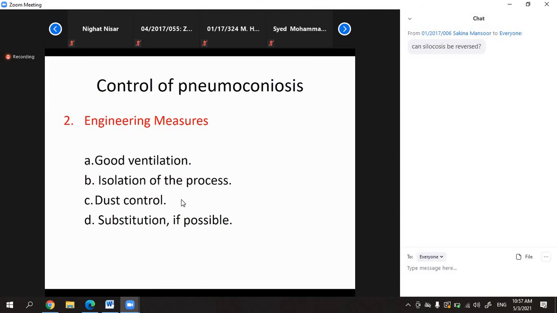If we use lead-free petrol, it is a substitution of the substance which causes harm. Similarly, people can eliminate toxic substances and substitute them with less harmful substances.